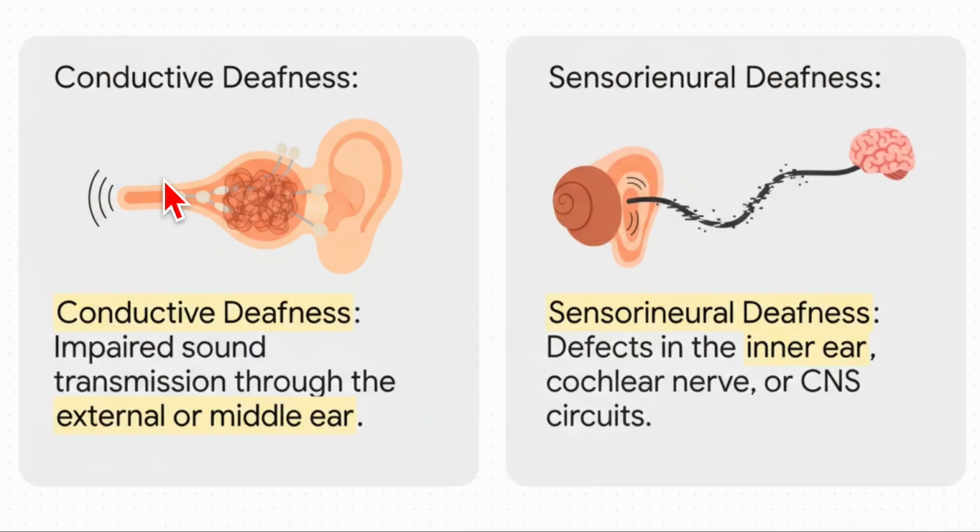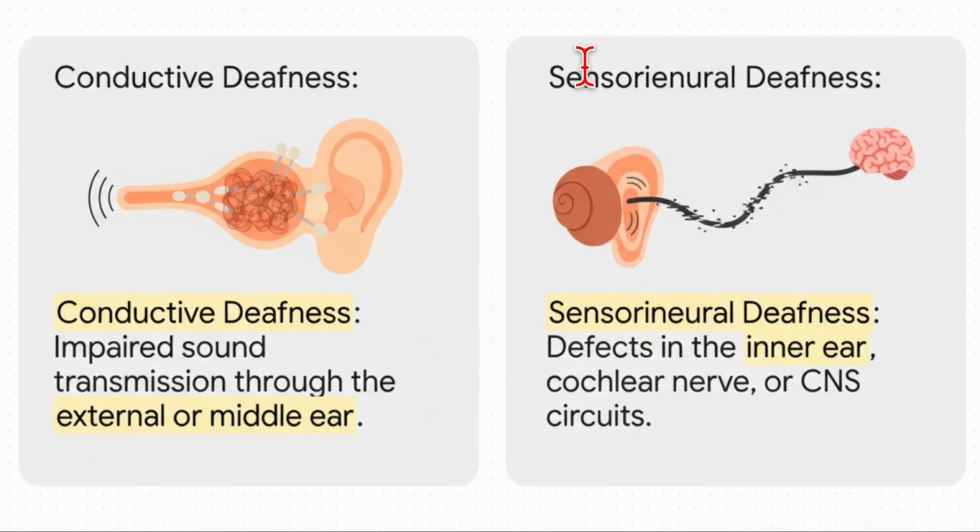Conductive means the problem is in your external ear or middle ear, and it is about conduction, that is transmission. A simple analogy is a roadblock. Please note the words: external or middle ear.